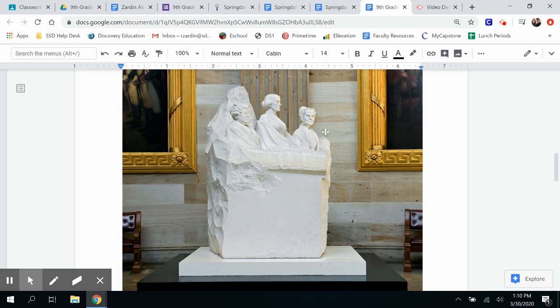The 3 women, you can tell perfectly who they are. They look exactly like they did in that image. But it's not finished. Okay? So there's been a lot of arguments or speculations about why the statue isn't finished. Some people have thought that maybe the artist left room over here for the first woman president that we obviously haven't had yet. So maybe that's why it's left blank.